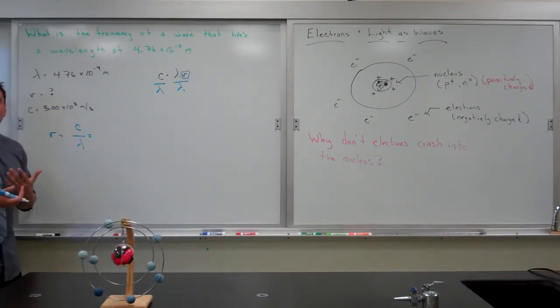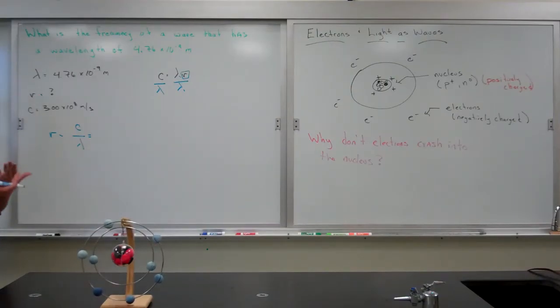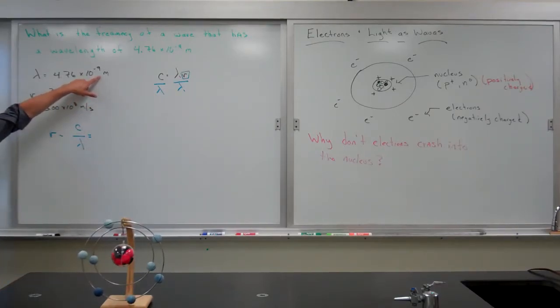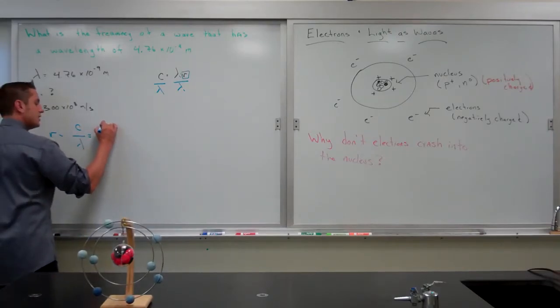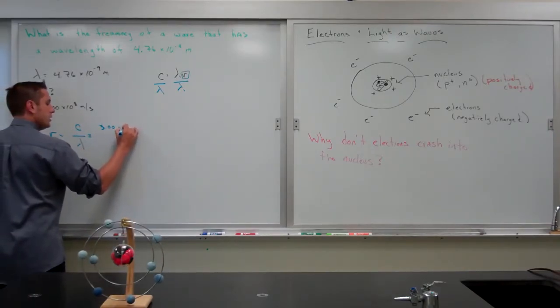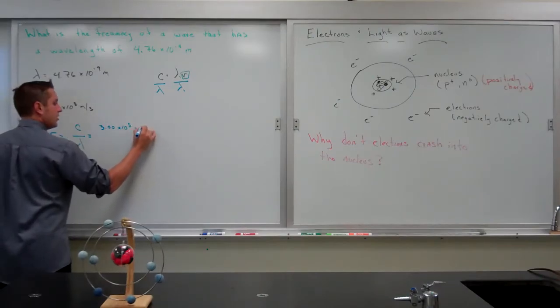From here, it's all about plugging in so long as my units match, a lot like my density problems from earlier in the year. Notice c has meters per second, wavelength has meters. Meters can cancel with each other, and my frequency is supposed to have seconds in it, so we're good to plug in. c is 3.00 times 10 to the 8th meters per second.